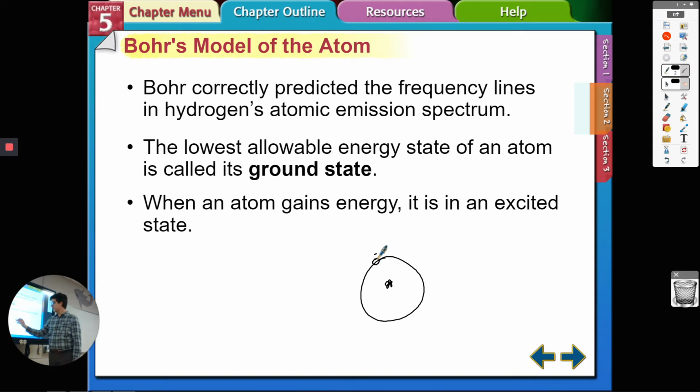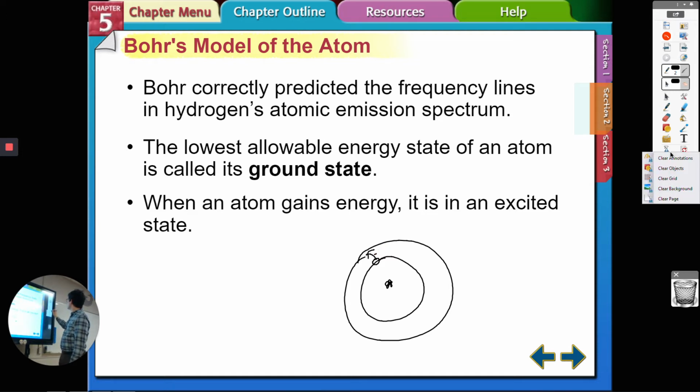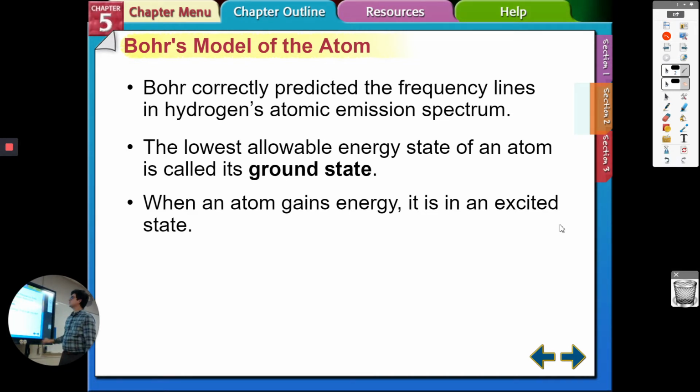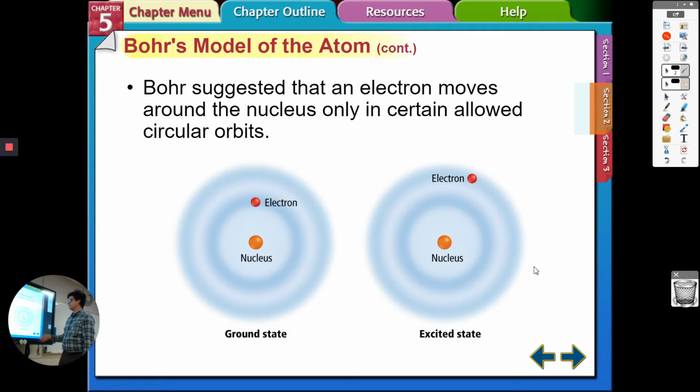In an excited state, it would then move to the next energy level up, right? Ground state, energy level 1, excited state, energy level 2. Back to mouse. Oh, here's an even better drawing of what I just did. So, when an electron is excited, it moves to a higher energy level.